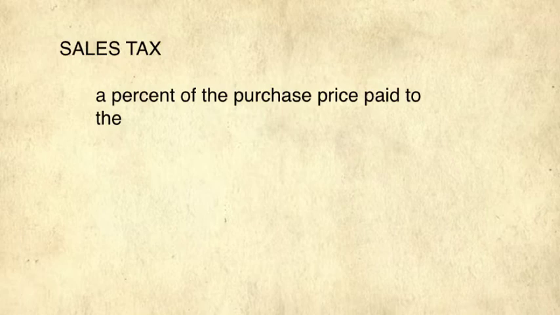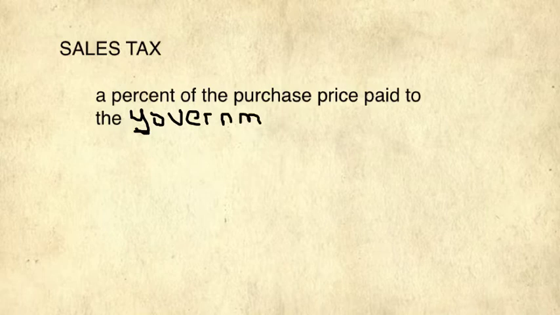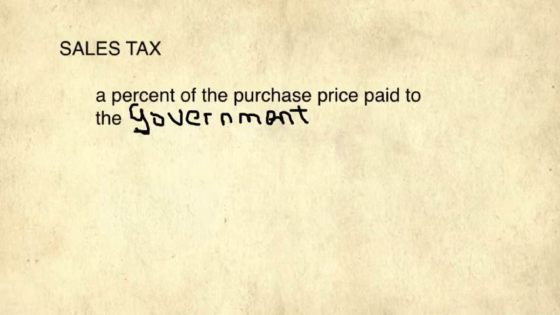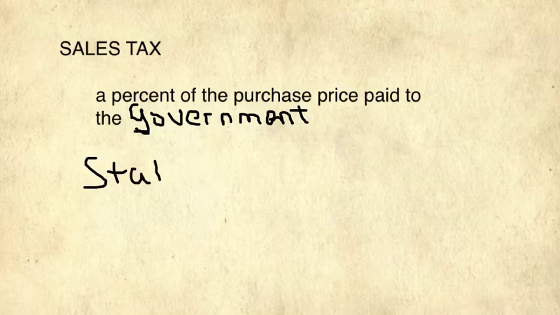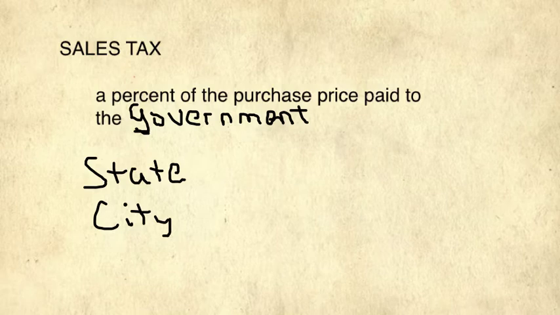A sales tax is a percent of the purchase price that we pay to the government. Each state has its own sales tax. So we have state tax, we have city tax. Springfield has a city tax on top of the state tax.